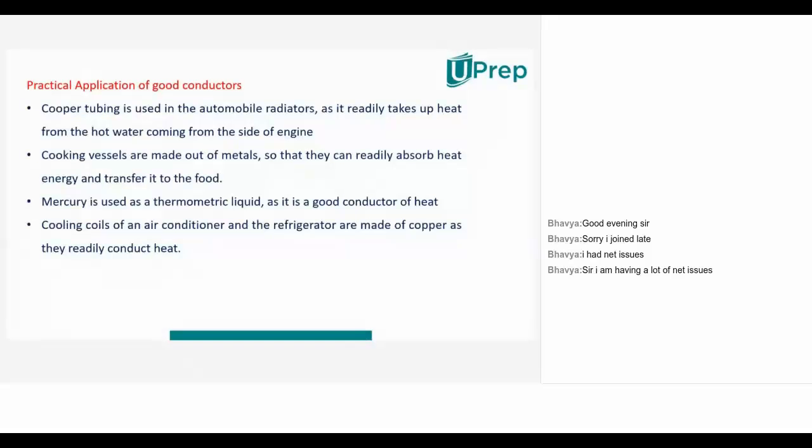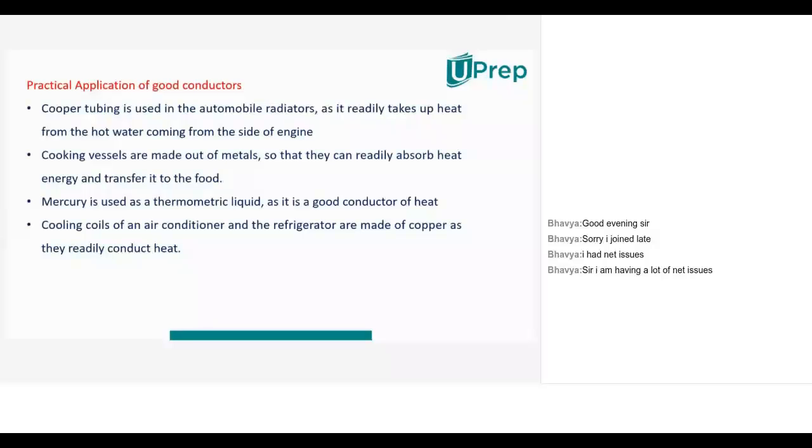Okay. Next, fur, wool, cotton, cork, feathers, sawdust, trapped air in birds' feathers. All these things are examples of bad conductors, that means insulators.